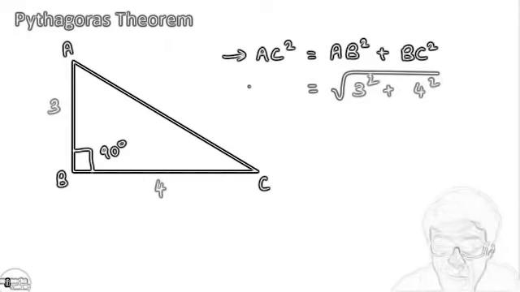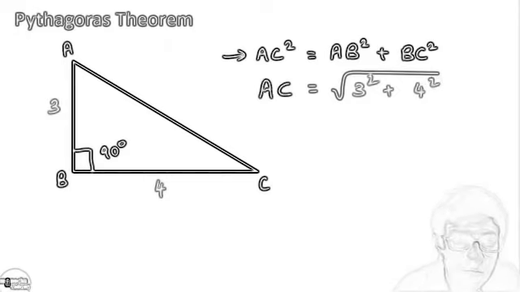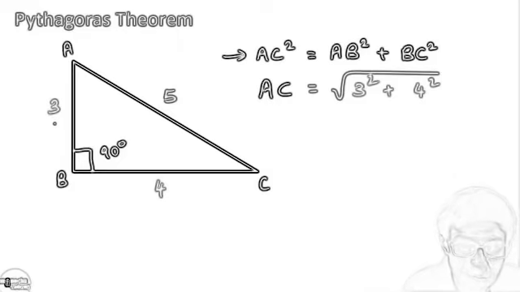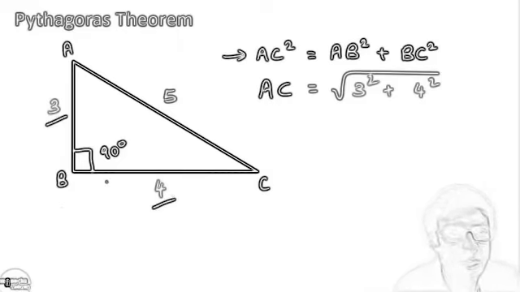So AC is going to be the square root of this, and if you work it out, it's going to turn out to be 5, right guys? So you know this basic of Pythagoras theorem. If you're given two sides, like we were given these two sides, 3 and 4, in a right angle triangle, we can easily find the other side.